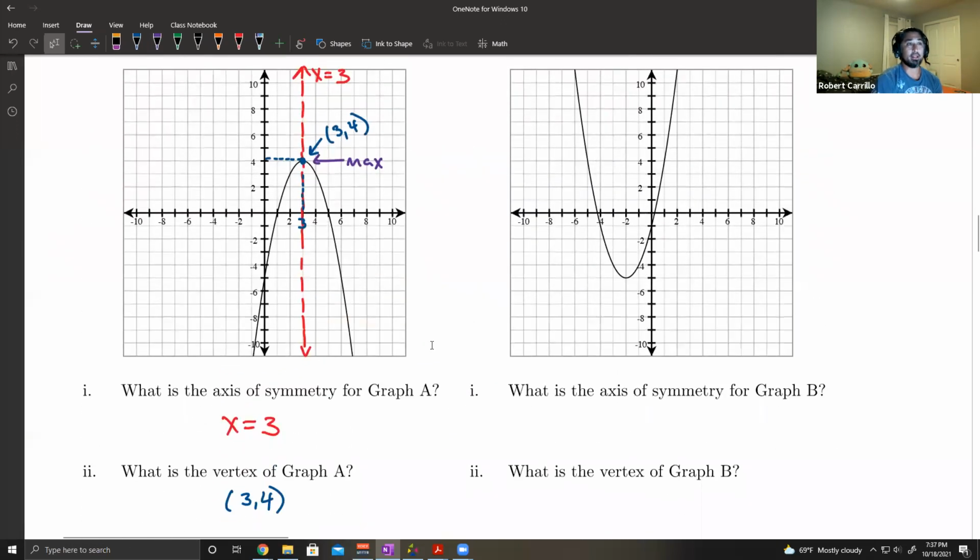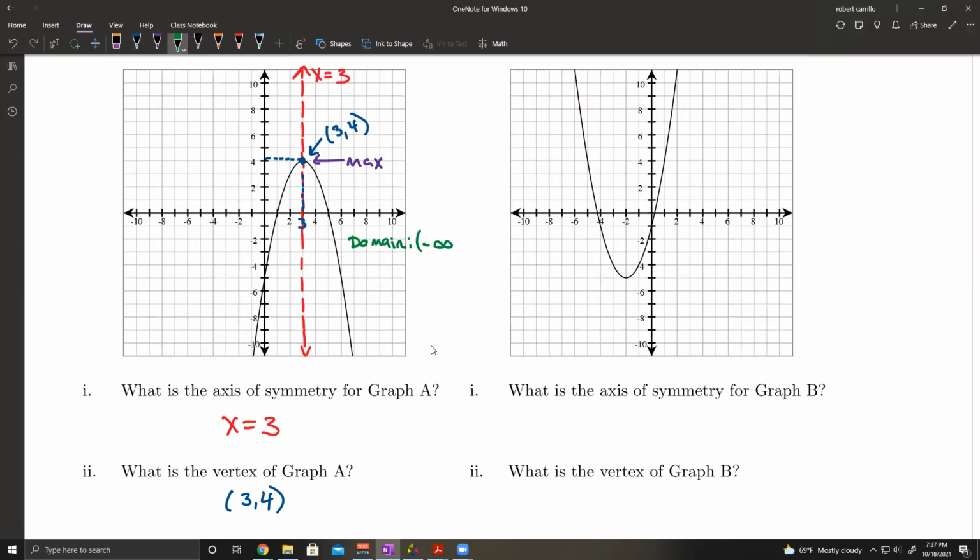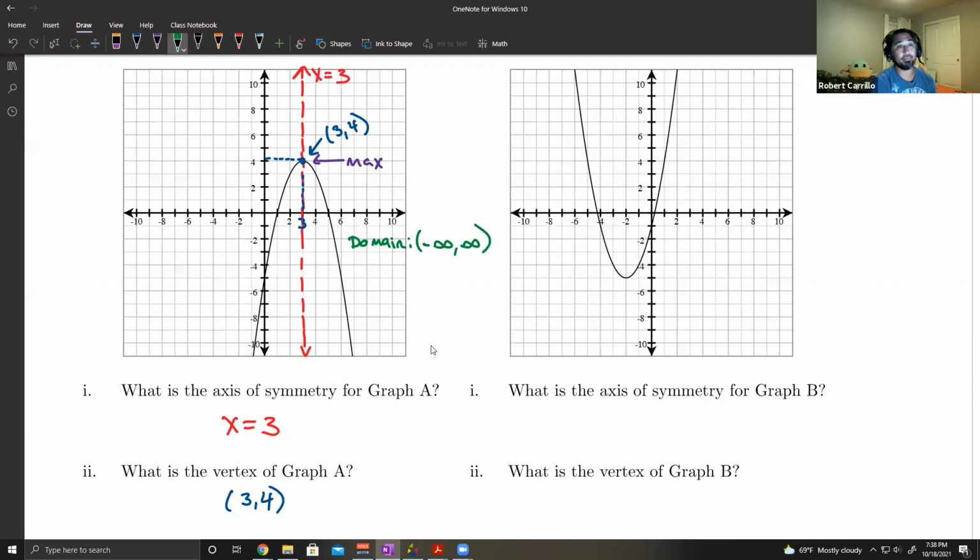Okay. And then identify the domain and range of the graph. So lucky for us, what is the domain of all parabolas? Negative infinity to infinity. All right. And since this parabola opens down, these tails are headed towards where?